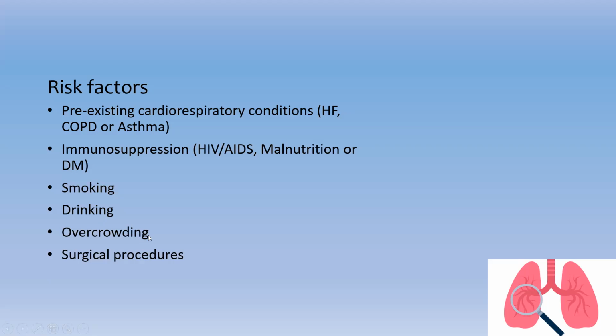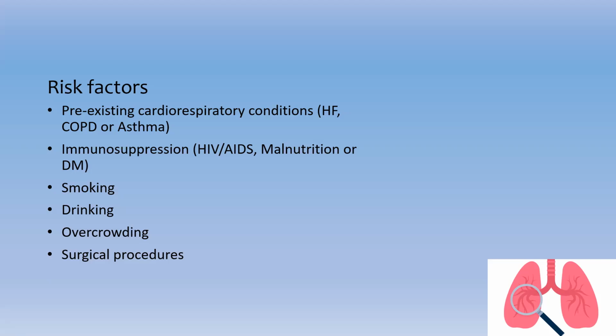Pneumonia is known as a disease of the bachelors because male bachelors, I mean bachelors obviously are male, but males who are bachelors tend to live in very deplorable living conditions with overcrowding. Sometimes you might not get a male patient with pneumonia, you might find a female patient.